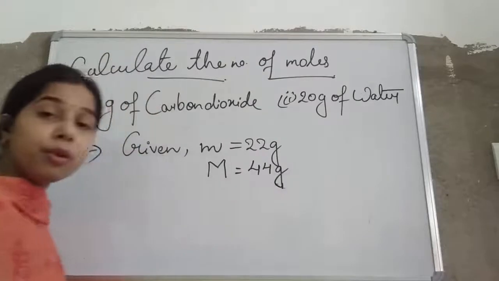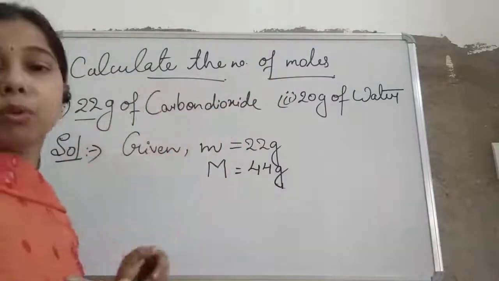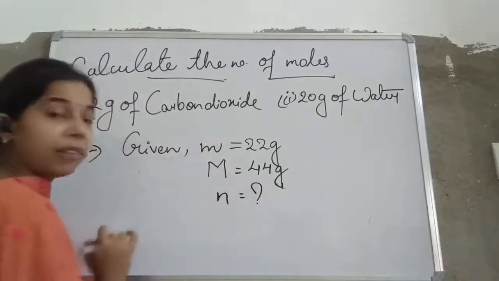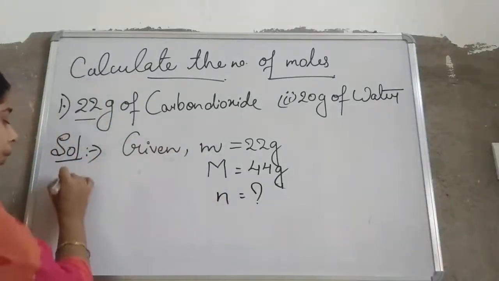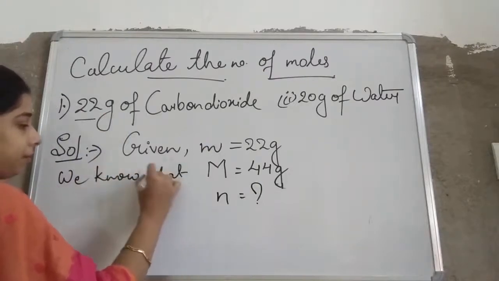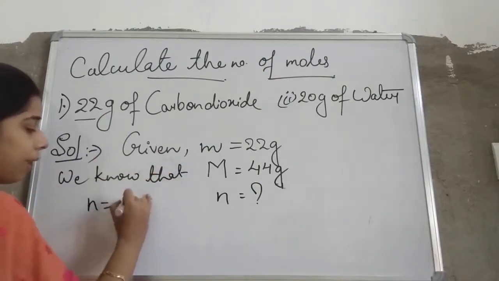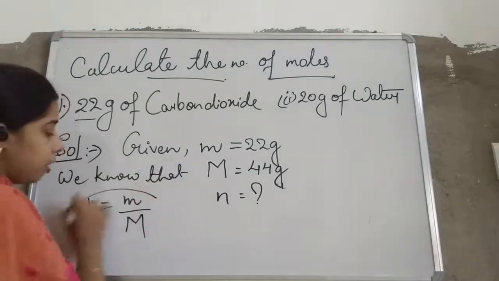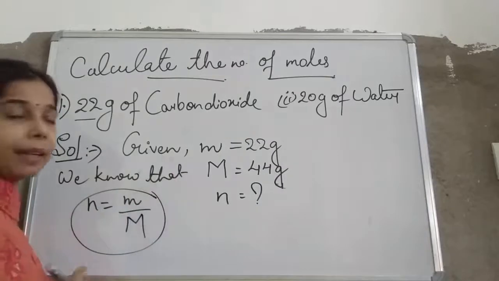Now what we have to do? We have to find the number of moles, students. So the number of moles, n, is what we have to find. Now we know that n is equal to m upon M. In this formula when we put the values we will get the answer.